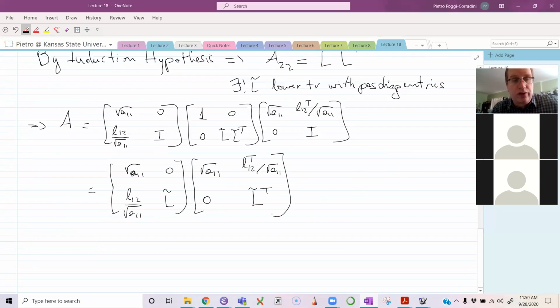Right, it needs just to check that when you do the matrix multiplication, you get equality here. But that's clear because, let's see, is this clear? Yeah.